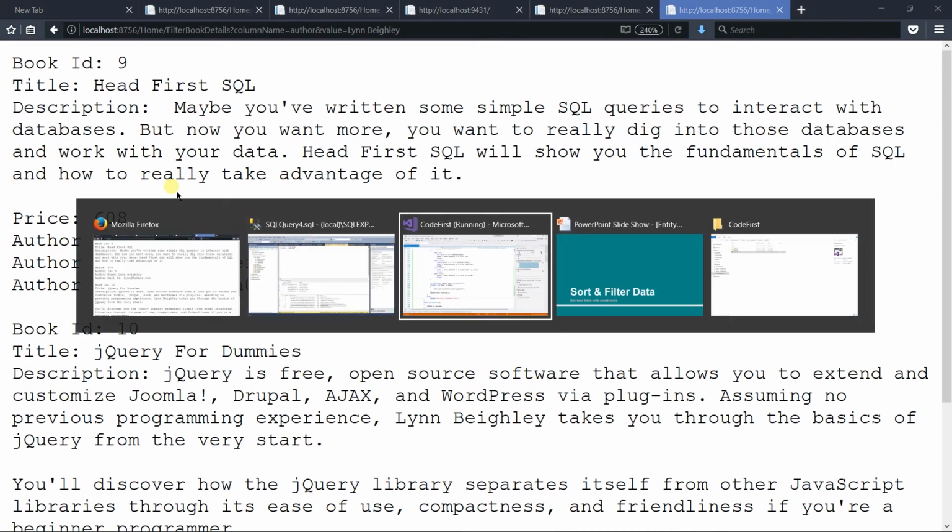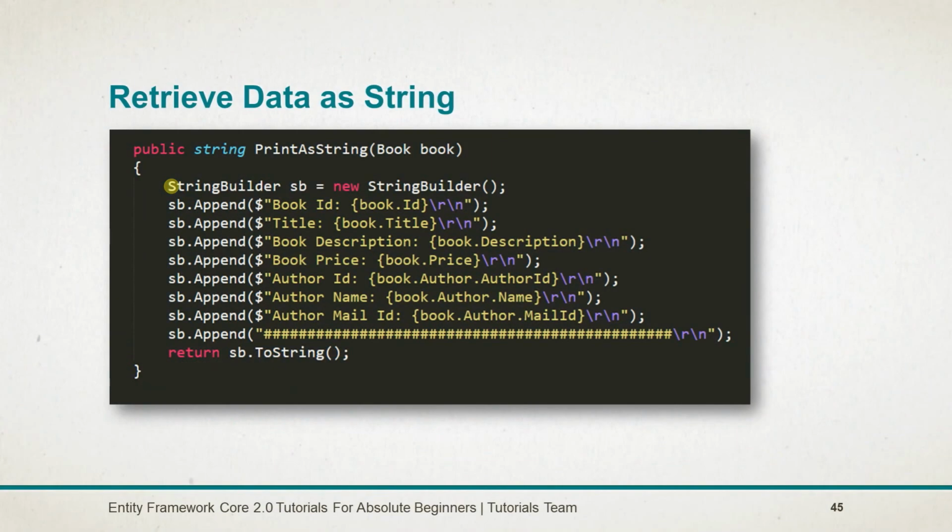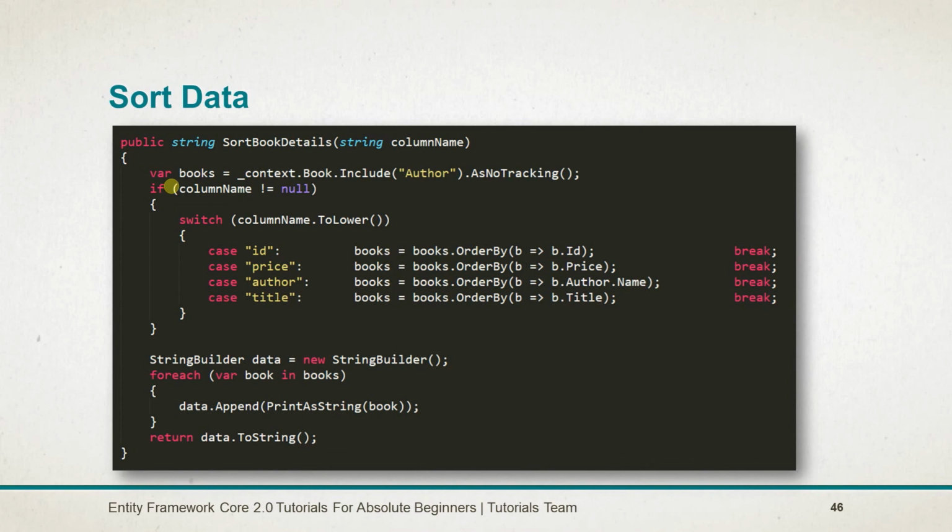Let's see what we learned in this session. First of all, we created a method named PrintAsString, which will return the book detail as a string from the book object. Then we created the SortBookDetails action, which takes the column name as a parameter, and based on that column we sort our data.